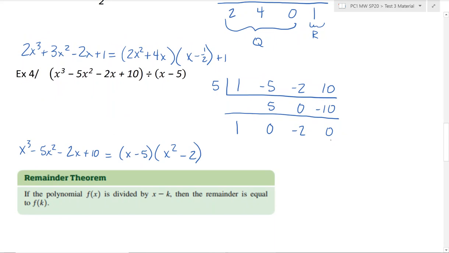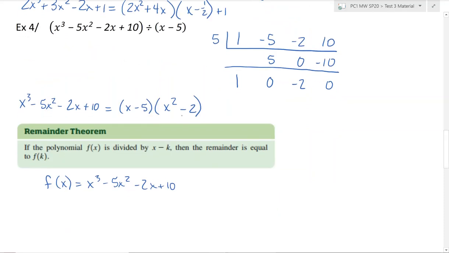Well, if our polynomial is this f of x, let's use it for this last example that we did. F of x equals x cubed minus 5x squared minus 2x plus 10. Can you identify what your k is? For this problem, k is 5.